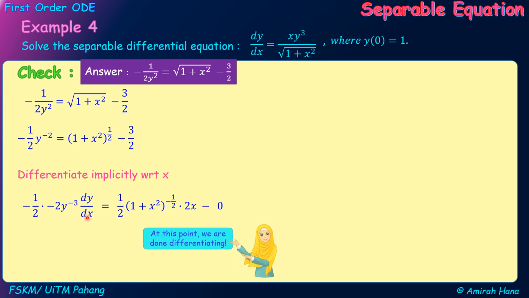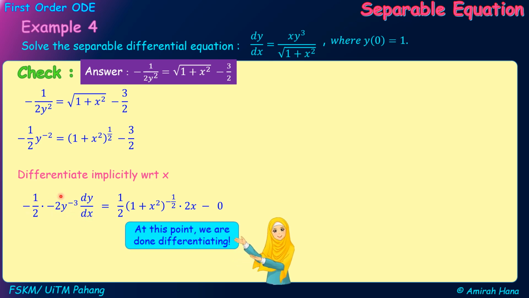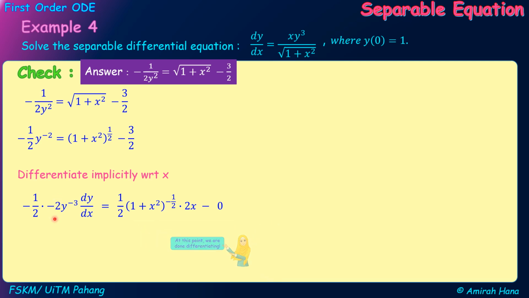After that, at this point, we are done differentiating. So we can simplify the 2 here and the 2 in the denominator here. And we also can simplify the 2 here and the 2 in the denominator here.